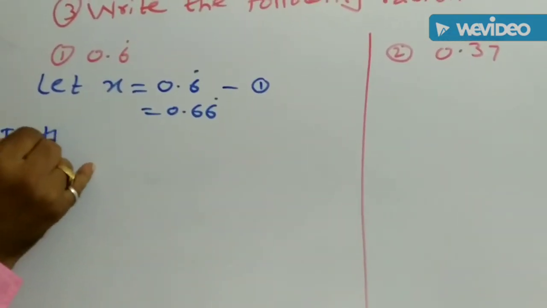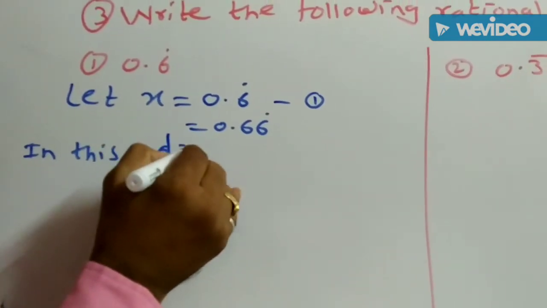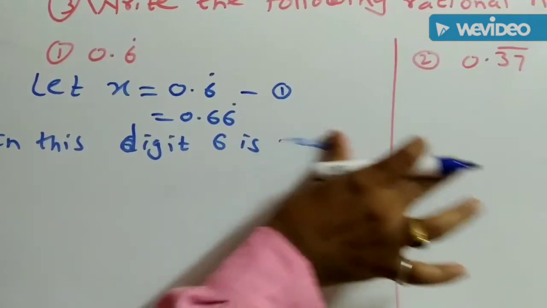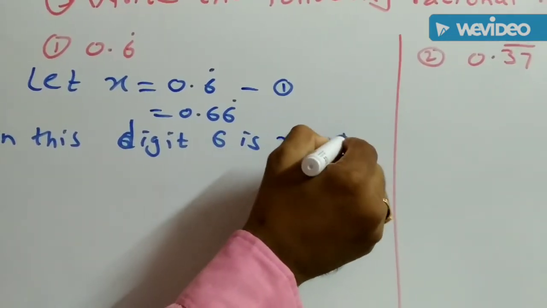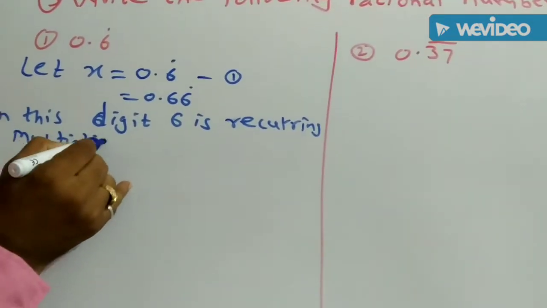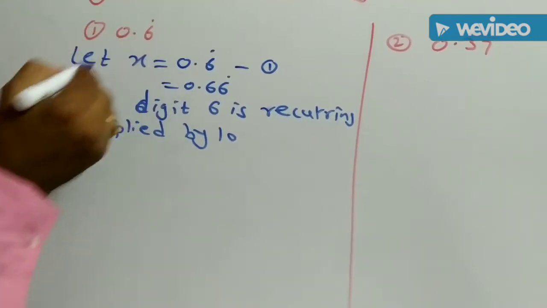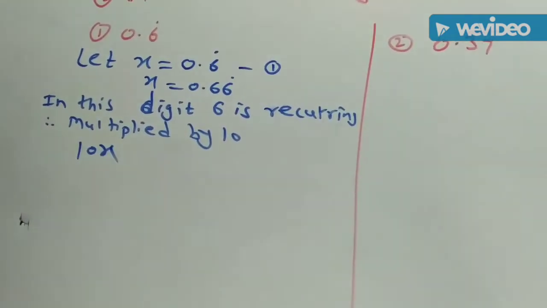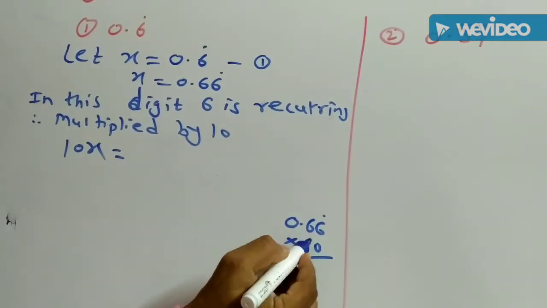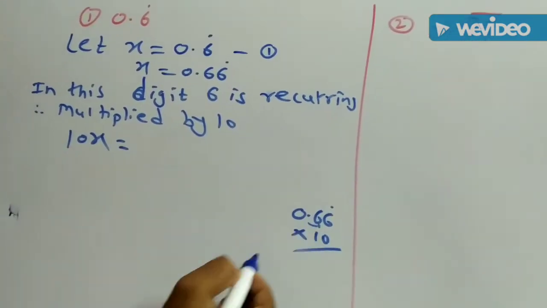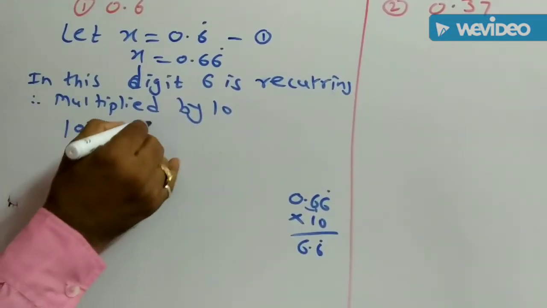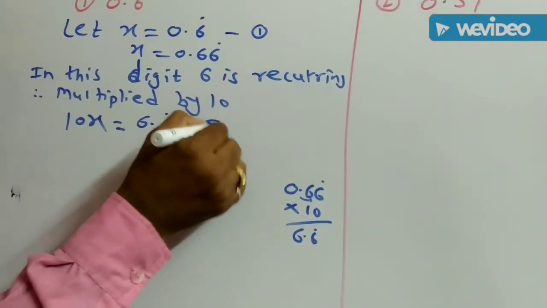Now in this, the digit 6 is repeated or recurring, and therefore multiplied by 10, we get 10 into x. Now 0.666 dot into 10 gives, with the decimal point shifted one place, 6.6 dot, equation number 2.